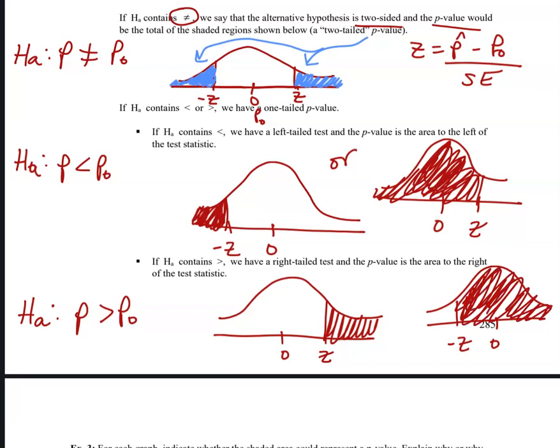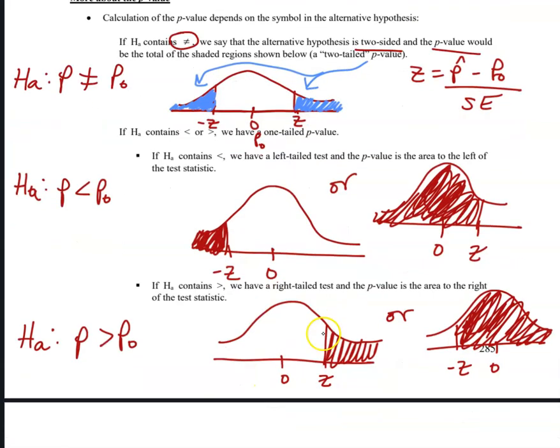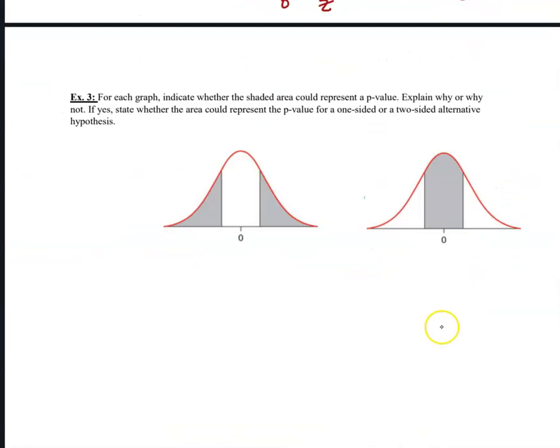You would have a very large p-value in that case. So the graph for these is going to look like one of these three drawings, depending on the way your alternative hypothesis is written. And that p-value, remember, is how we measure our surprise. The p-value is the probability of getting your particular sample or something more extreme if the null hypothesis is true. And that's what this tells you.